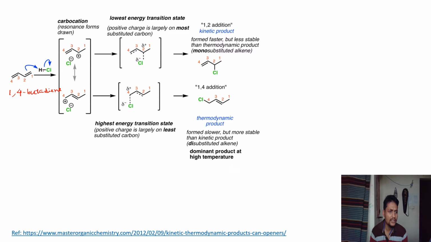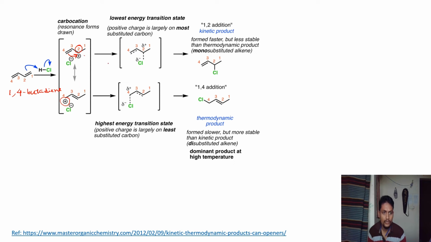So HCl is nothing but H plus, and H plus is protonating. It can protonate here or here, because both ways it will react to give this carbocation. But this can resonate to this, and due to that one can form this kind of a carbocation as well. And among these two carbocations, obviously this is a 2 degree carbocation and this is a 1 degree carbocation, right?